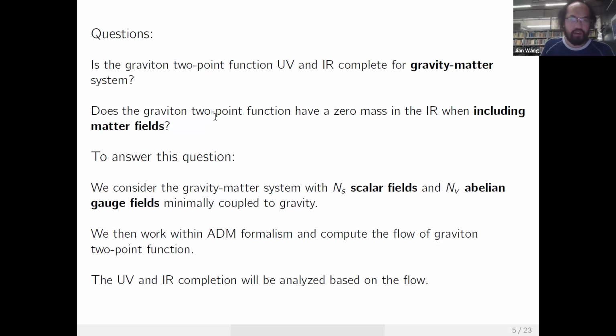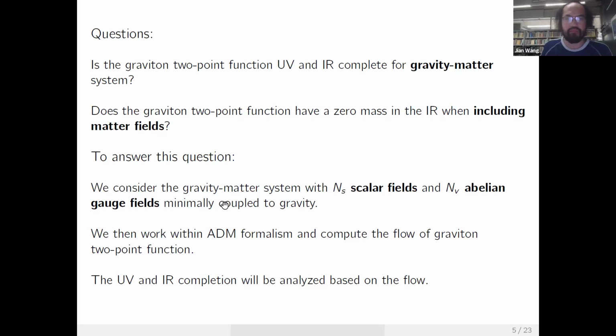Additionally, one would also want to know if the graviton two-point function still has zero mass in the infrared or not. To answer those two questions in this talk, we will consider the gravity-matter system where we include N_s scalar fields and N_V abelian gauge fields.